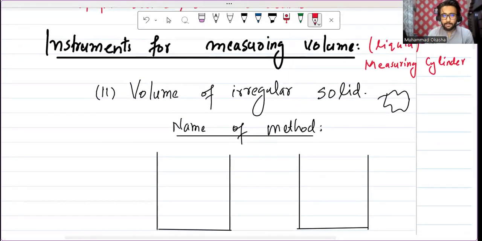There's a very important concept that is normally part of the exam: how do you measure the volume of an irregular solid? For example, here is an irregular solid, and you want to measure its volume. First, you would pour some water, or any fluid, not necessarily water, into the measuring cylinder and take its reading, V1.